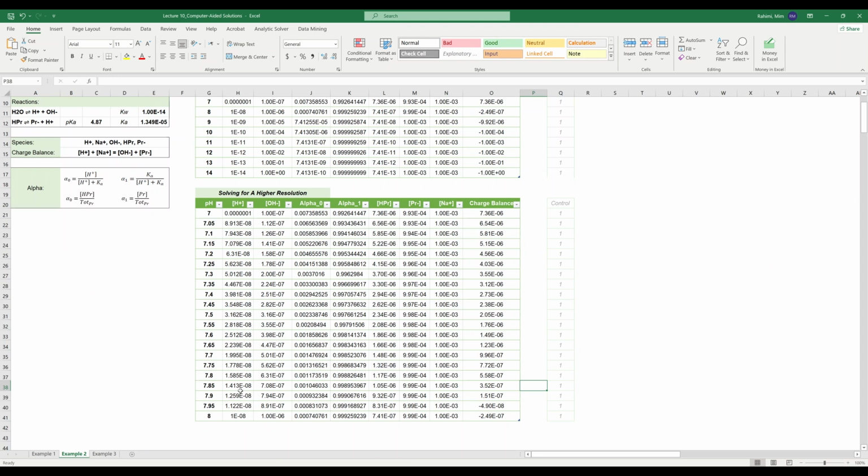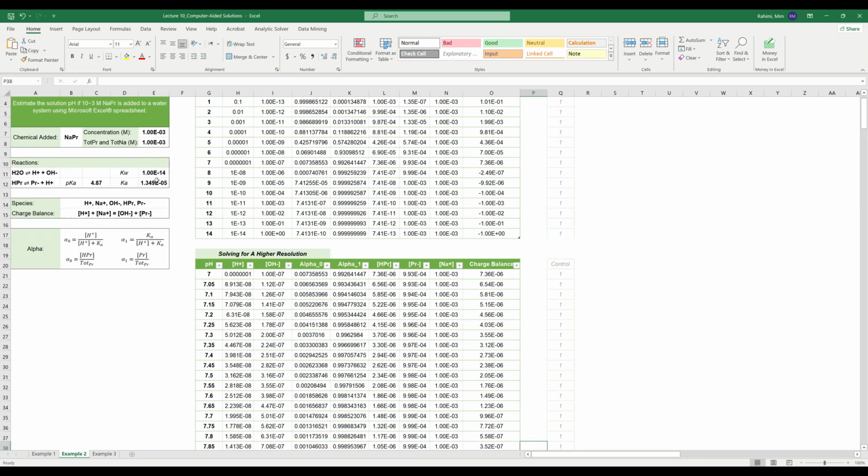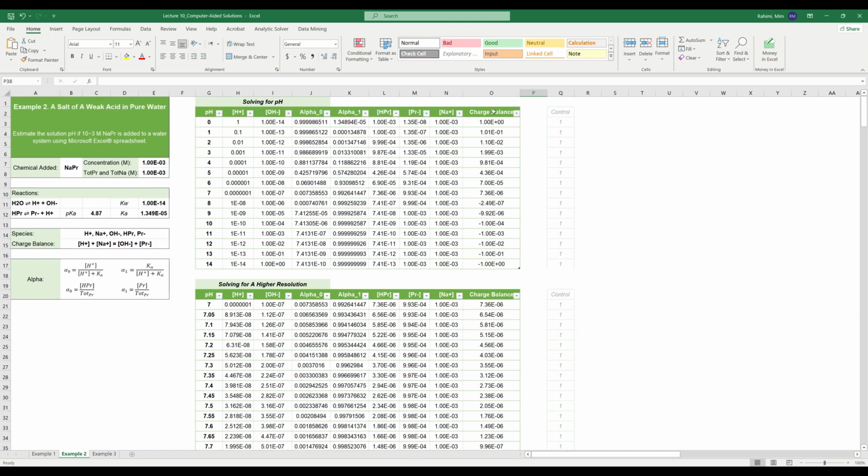So a big difference in pH. And you saw that the controlling factor is this huge amount of sodium that is directly playing a role in charge balance, which is the core of this strategy when finding the pH.